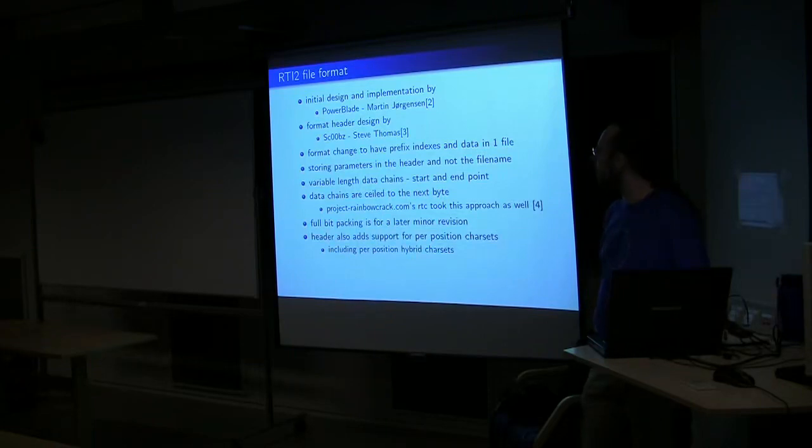His online name is Powerblade, or I refer to him as Martin generally, was one of the people that originally wrote it. And then, actually, sorry, he originally did part of RTI, and then he pretty much independently worked on what was the first draft kind of RTI 2.